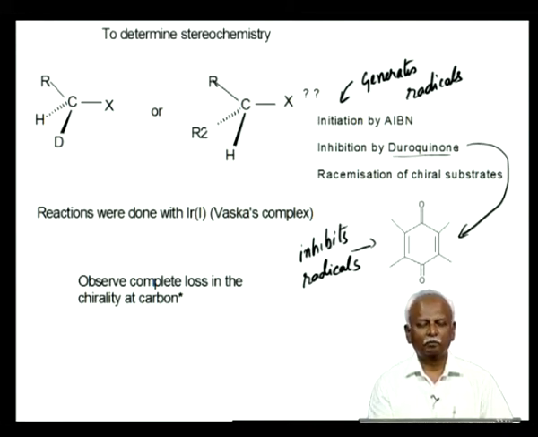So, this whole mystery regarding loss of chirality at carbon was explained very simply by reactions which were carried out in the absence of oxygen, and by then carrying out the reaction in the presence of radical promoters and radical inhibitors, it was possible to show that the nature of this reaction was in fact affected by radical intermediates in the reaction, and that also explained the chirality problem.